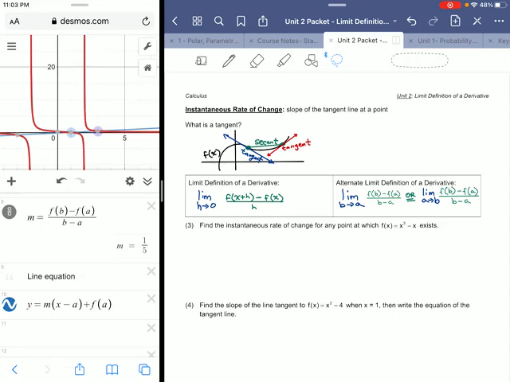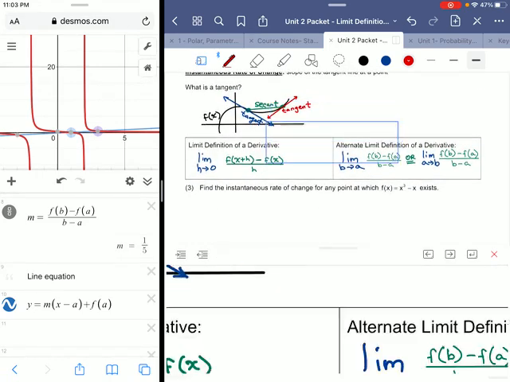Not only did they give us points, they gave us all of them. So we're not restricted to just a domain of, let's say, like on the previous page, 1 to 3. They didn't give us an A and a B value. So that would steer me away from the alternate limit definition and gear me towards the ordinary limit definition of a derivative.